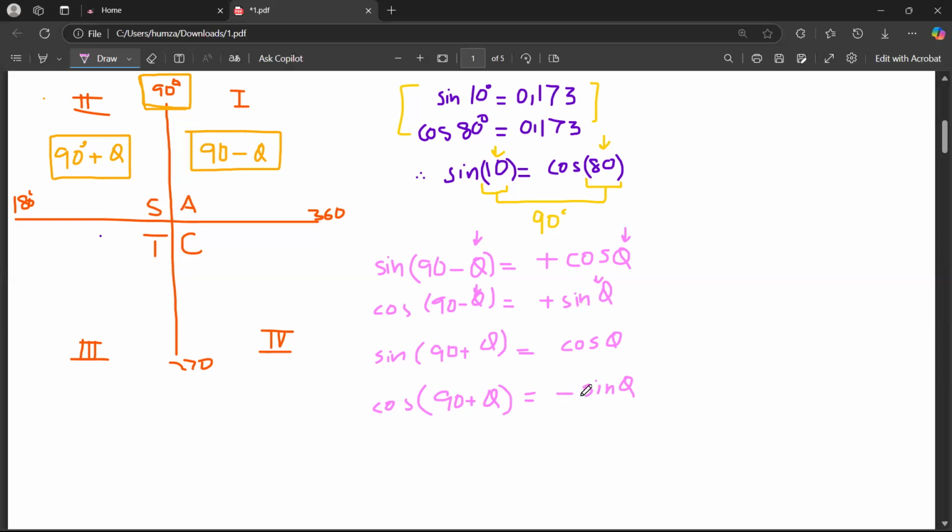That's why we use minus sin theta. So cos becomes sin, and this angle theta is this angle theta.